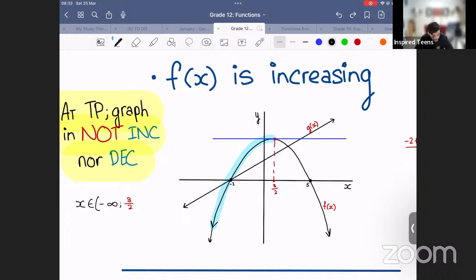I can't see the Zoom chat. So pity. Let me see if I can load it up.